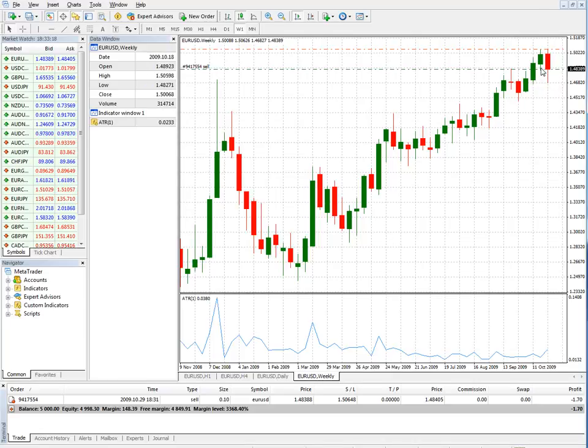You see the previous week, the average true range is 233 pips. So that's actually a pretty small range. You see that the current week, it's 380 pips. And we're just talking about this particular bar right here.